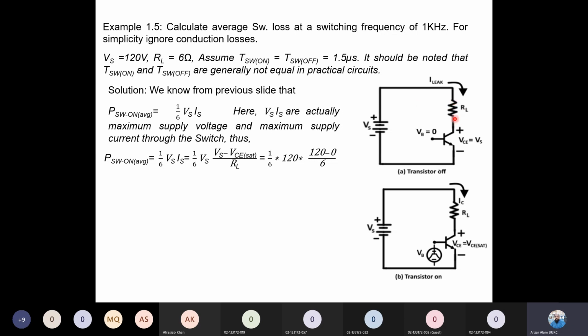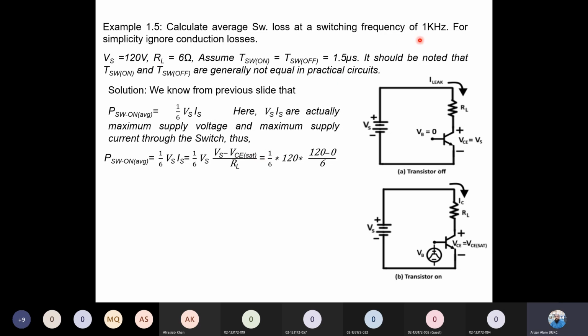The differential voltage is Vs minus the collector to emitter saturation voltage, divided by R. And 1/6 Vs is 120. It was given.